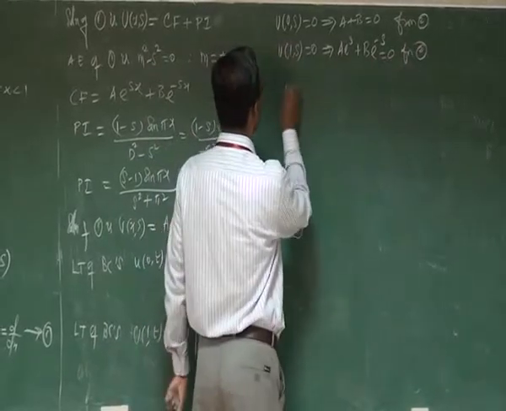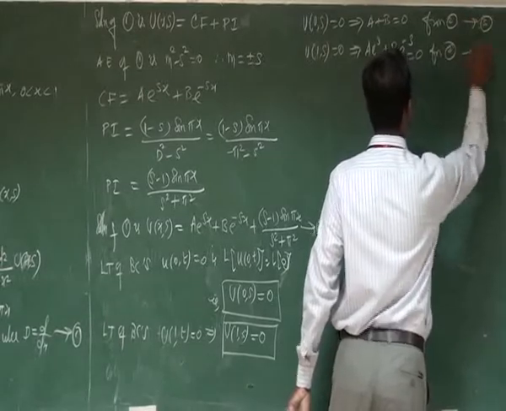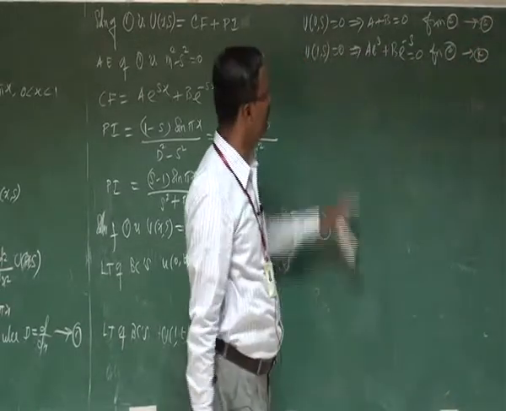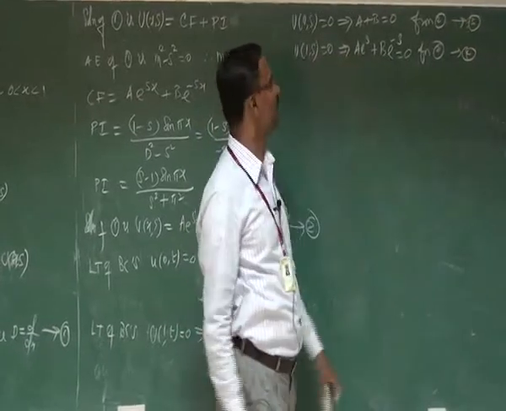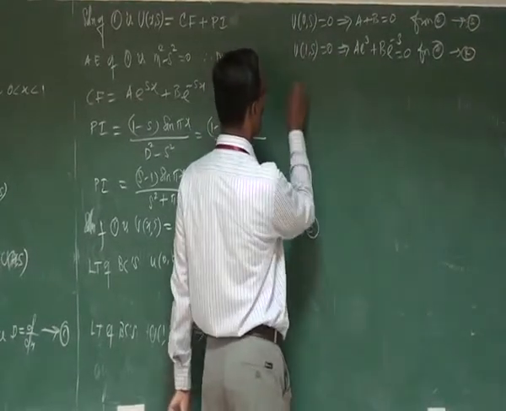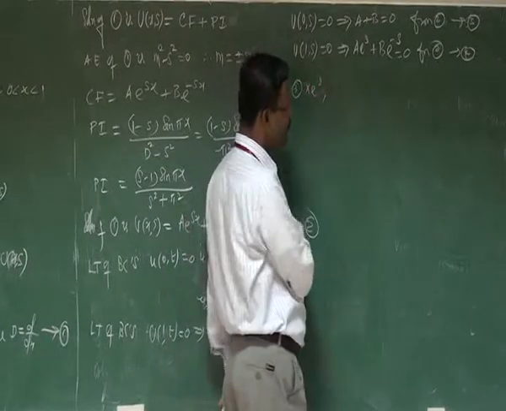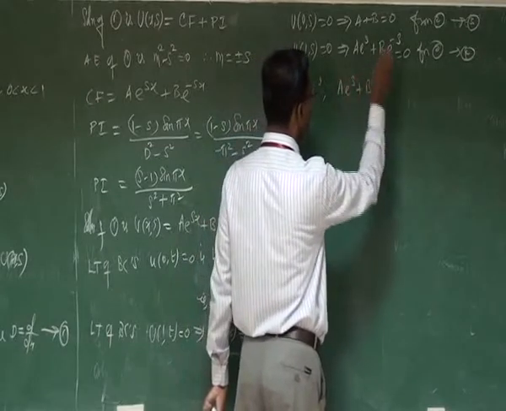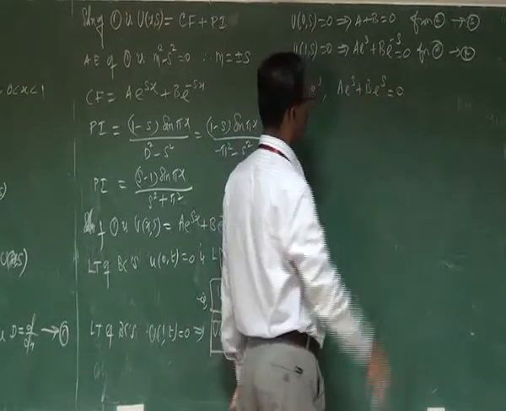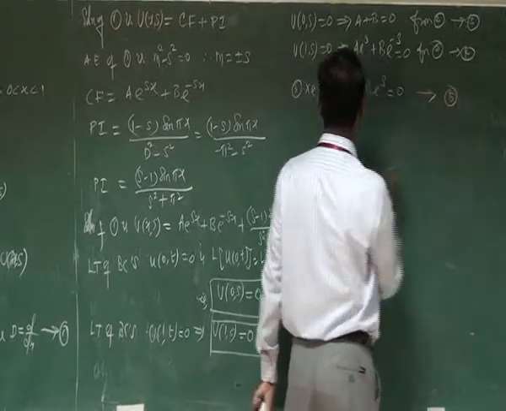Now, you take it as equation number 3 and 4. Here our main aim is to find the values of a and b. So in order to solve 3 and 4, equation number 3 is multiplied by e power s. We will get a into e power s plus b into e power s equal to 0. We take it as equation number 5.